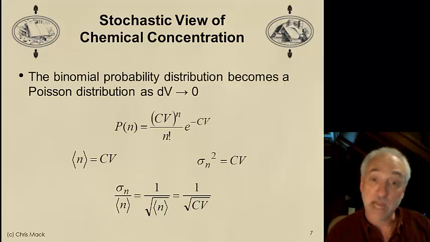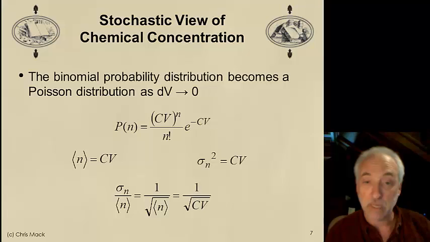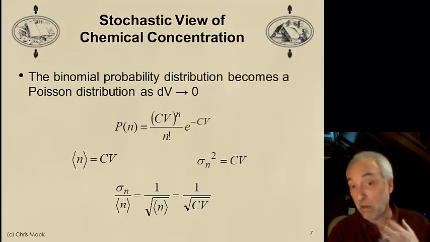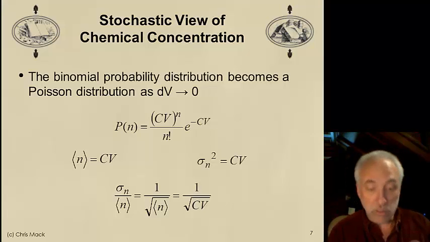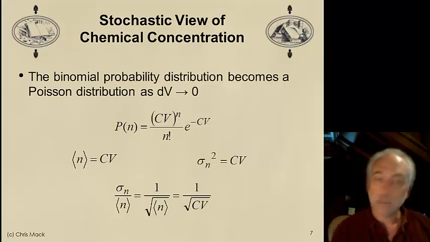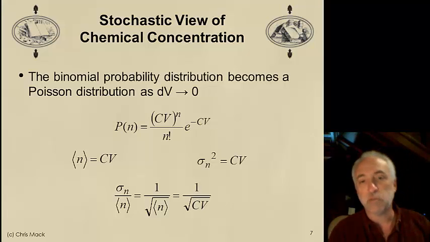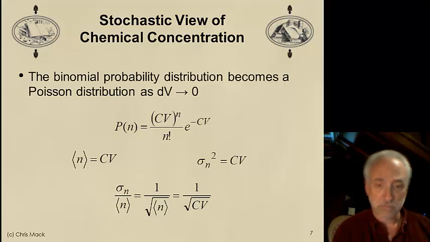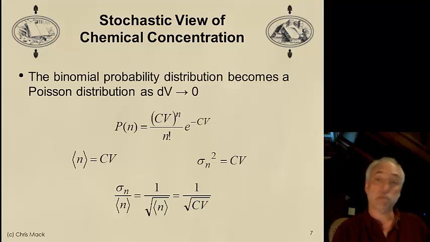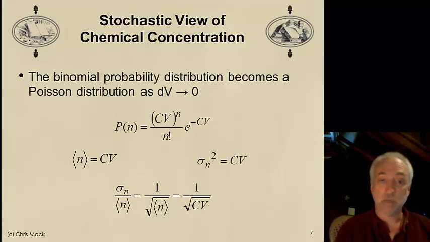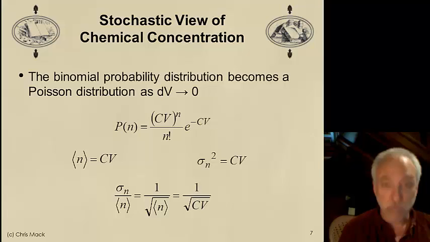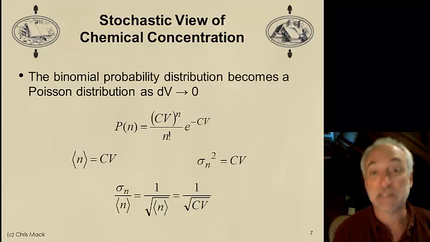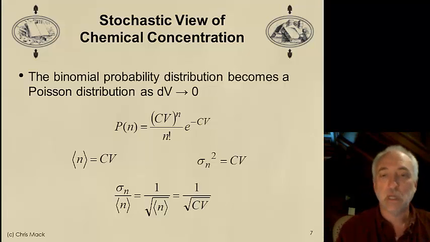When we talk about lithography at the 20 nanometer, 30 nanometer, even 50 nanometer scale, the volumes of resist, for example, that we worry about are small enough, and the number of particles we find in them small enough, that we have to worry about this. This phenomenon, by the way, is sometimes called shot noise. And we talk about a shot noise limit whenever we have such a Poisson distribution of particles, and the relative uncertainty in that number goes as 1 over the square root of that number.